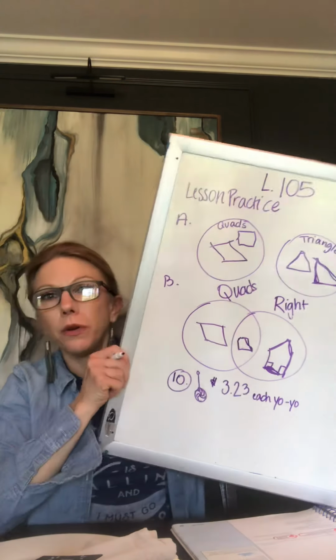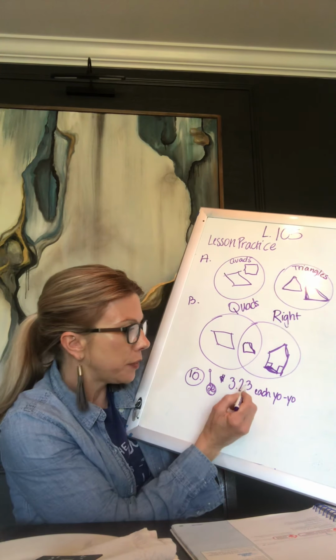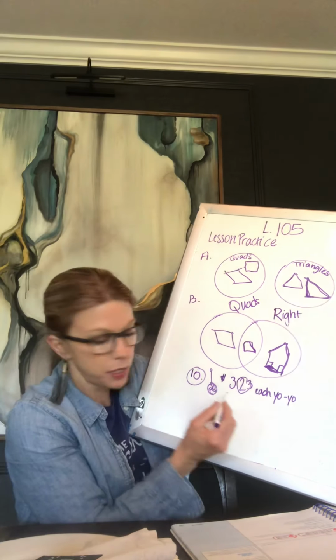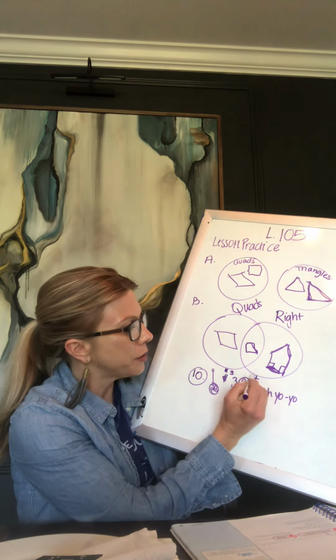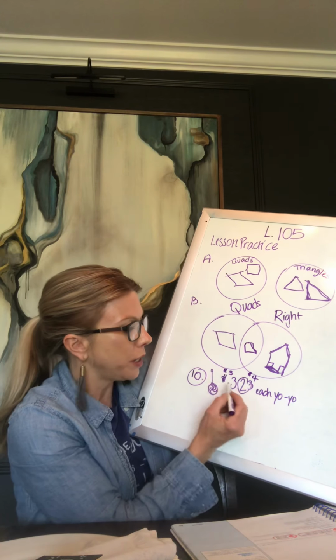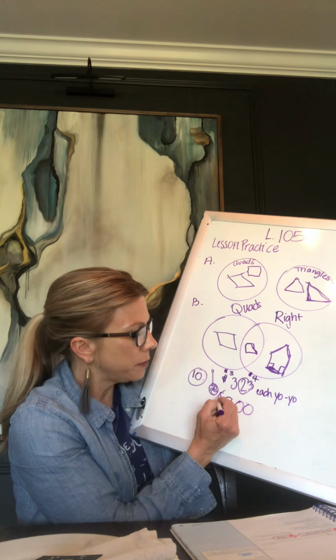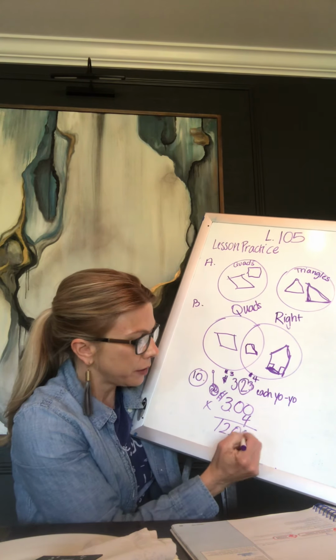If $3.23 was rounded, we're going to look at this number 2, aren't we? And this 2 tells us that we're between $3 and $4, and we know that a 2 means we are closer to $3. So he went $3 times 4, and he came up with $12, okay?